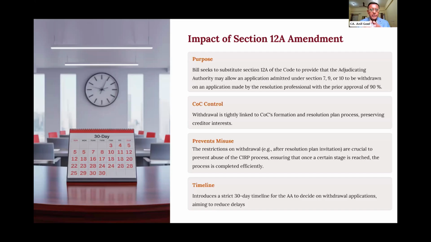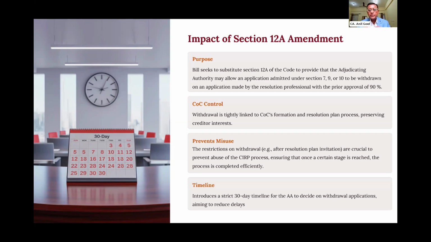Now, the impact of the Section 12A amendment would be that the bill seeks to substitute Section 12A completely, giving the adjudicating authority the power to allow withdrawal of an application admitted under Section 7, 9, or 10, and that too with the approval of the Committee of Creditors with 90% voting. The COC has full control after the case is initiated.